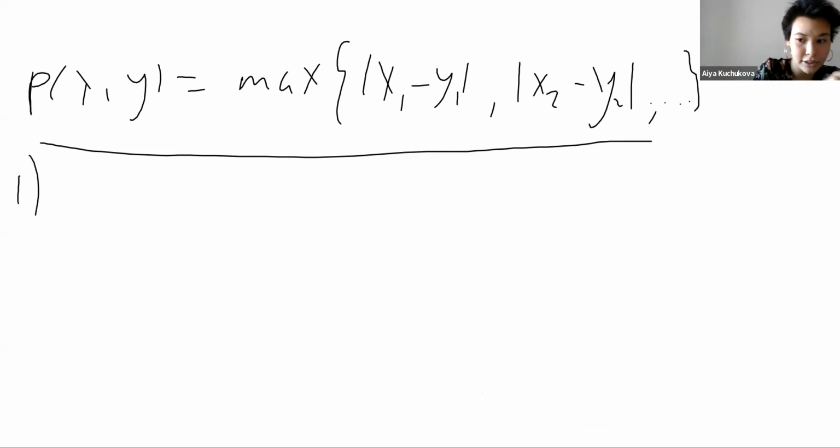Can somebody help me with the first one? Does anybody remember the first one?